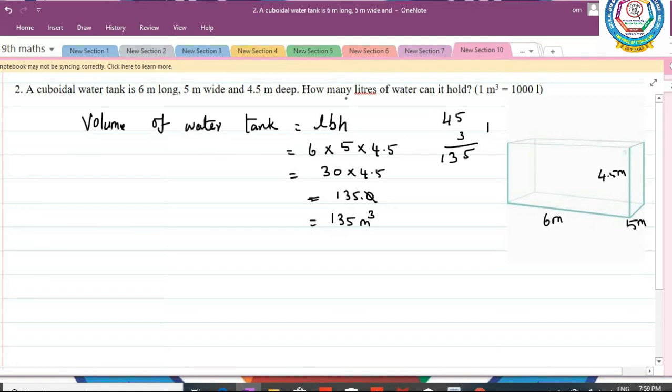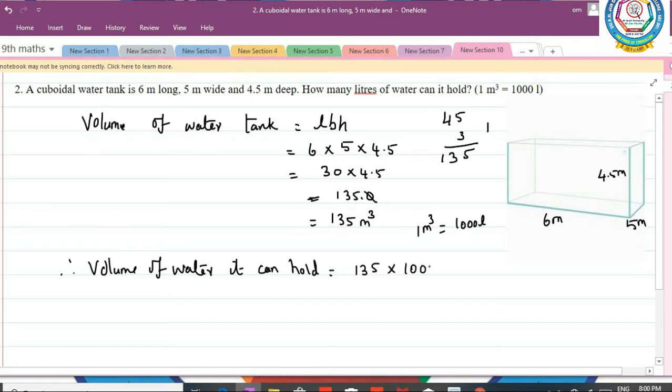But the question asks how many liters of water can it hold? We know the formula: 1 meter cube equals 1000 liter. Here how many meter cube do we have? 135. Therefore the volume of water it can hold equals 135 into 1000.